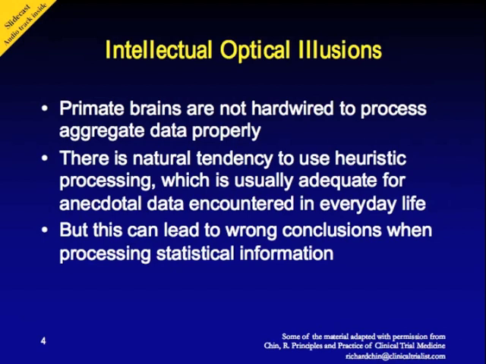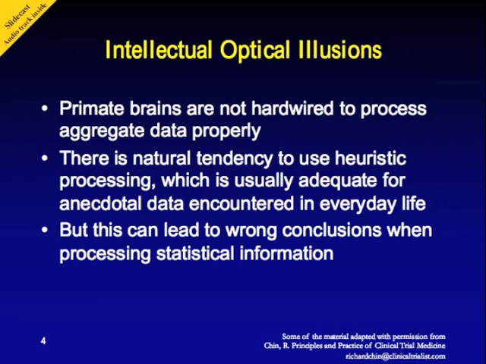However, our brains are not well designed to process and interpret aggregate statistical data. It does a very poor job of that, actually. And because of that, you can often end up misinterpreting clinical results.